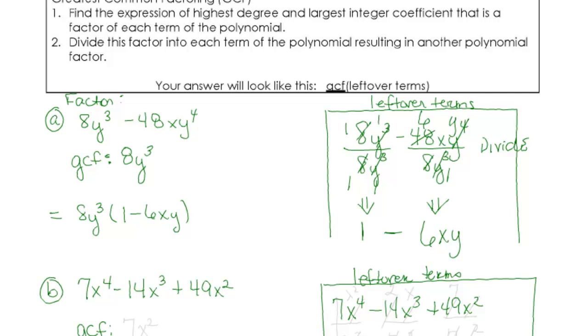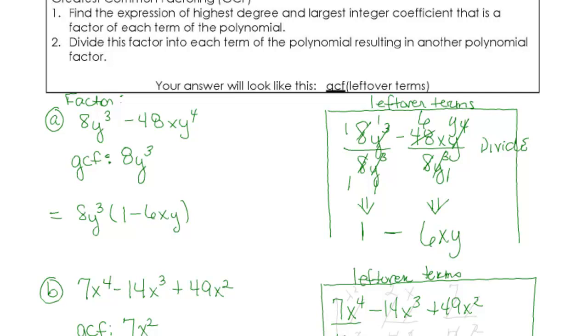What would be the GCF? 7, yes. Then I ask myself, do I have at least an x in each term? If I say yes to that, then I choose the smallest power. x squared. That's your GCF.